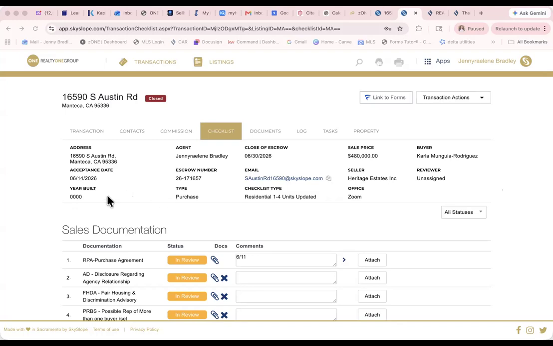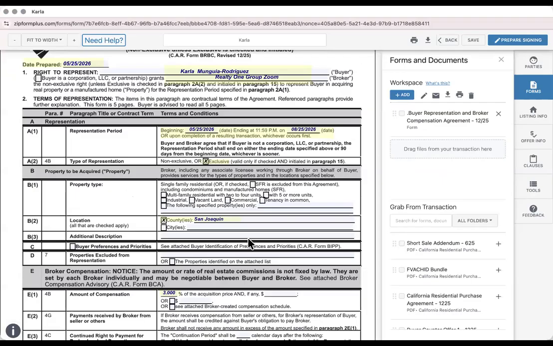Okay, so location. Go ahead, sorry to interrupt you. Go ahead. The page I'm looking at right now is actually the checklist page. I'm not seeing the BRBC. The checklist? Oh my God. Sorry. You guys, I've been going over this whole contract this whole time and you guys haven't told me. Okay, hold on. All right.